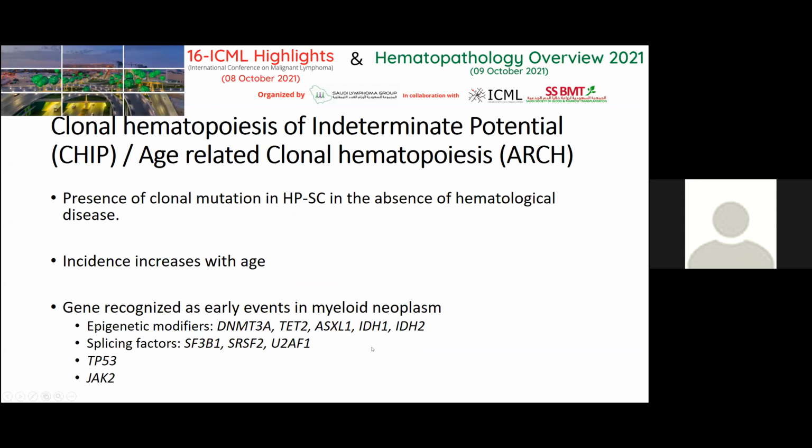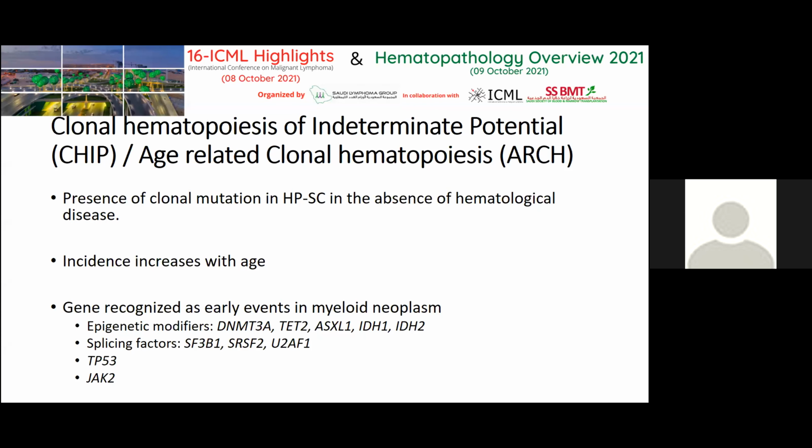So the definition of CHIP is basically the presence of a clonal mutation in hematopoietic stem cells and progenitor cells in the absence of hematological disease. In other words, the presence of a clonal blood cell population associated with a leukemia driver mutation at a variant allelic frequency of 2% or greater, but in the absence of cytopenia or a WHO-defined disorder.